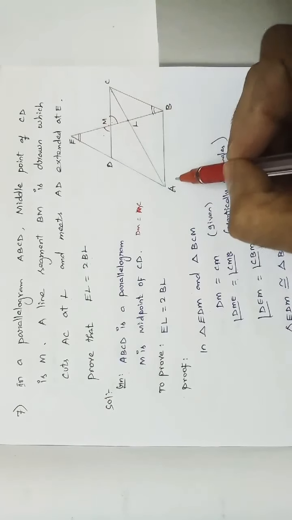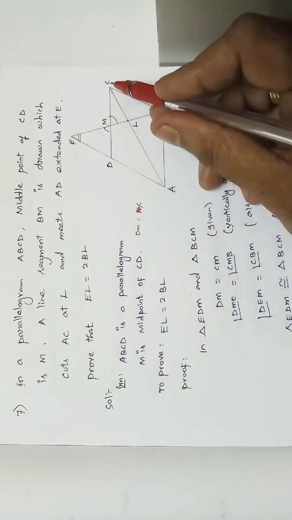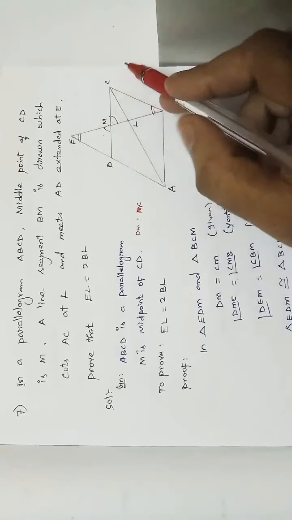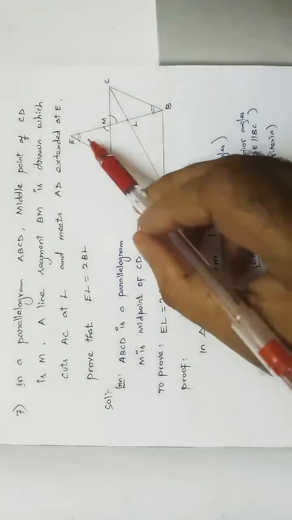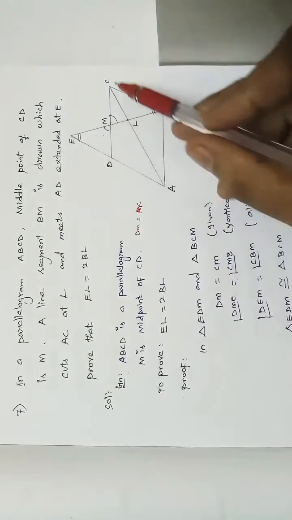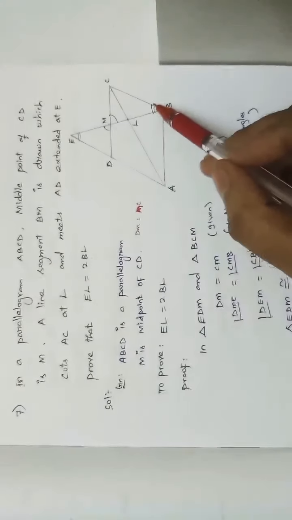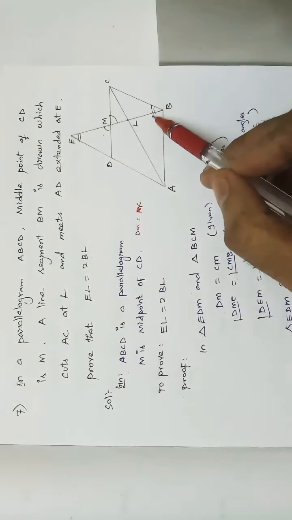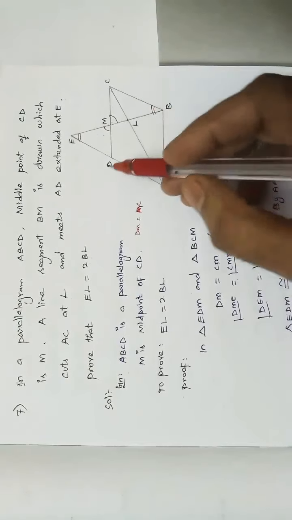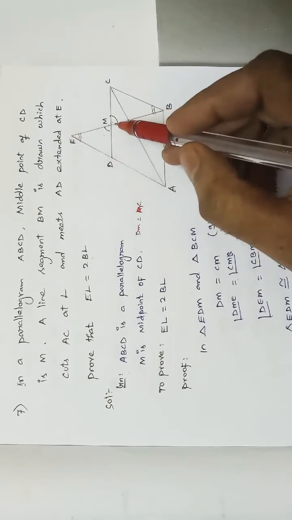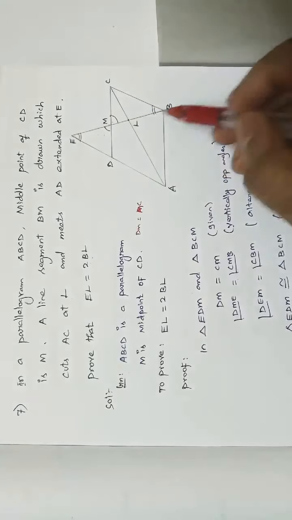So AB is parallel to CD and EB is the transversal. So these two are parallel and this is the transversal, so alternate interior angles are equal. Therefore, angle DEM is equal to angle CBM.